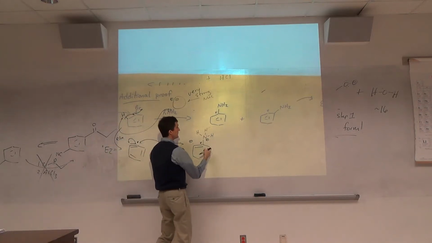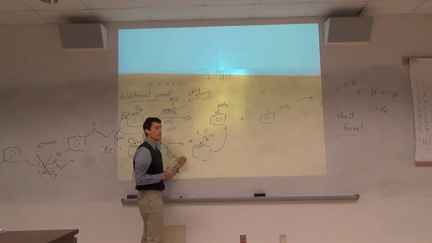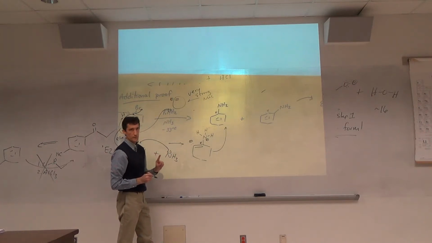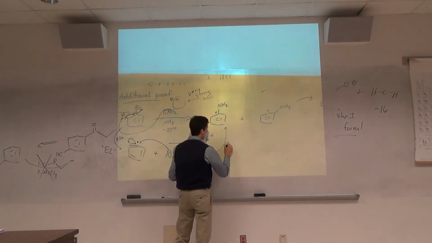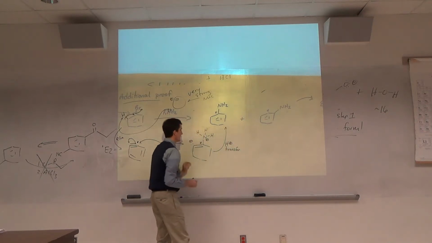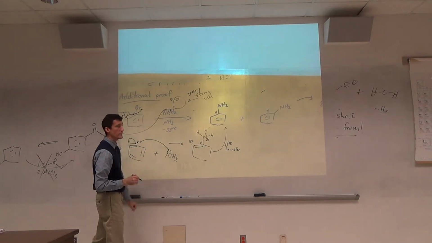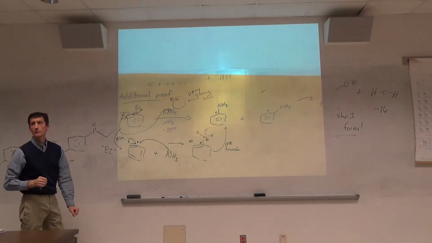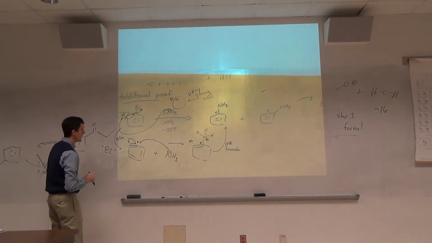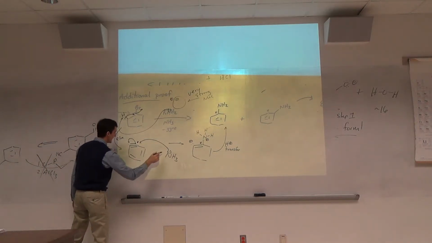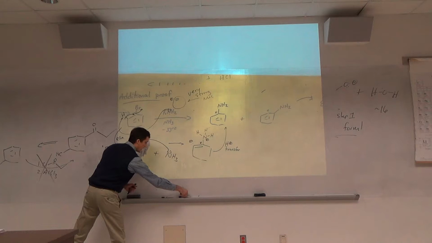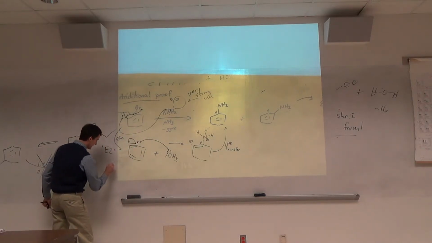From there, what do we need to do to get this? It's not a hydride shift. It's an H plus transfer. That would give that product. Will somebody tell me how we get the other product? Instead of it attacking there, I know you don't have a different color pen, but I do.